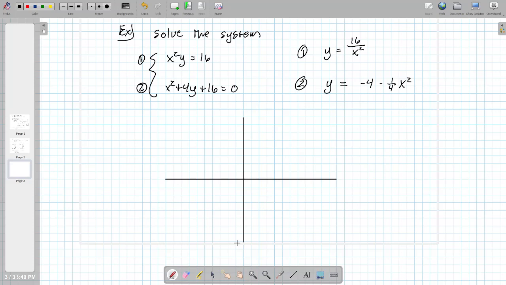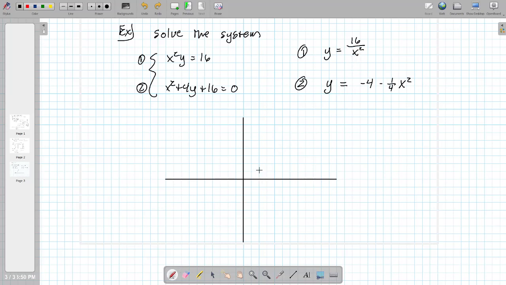y equals 16 divided by x squared has the form of something that looks like this. I'm going to graph it for real in a second, but I just want you to remember sort of what it looks like. I have a curve like this and like this. We need to make sure that we get it correct. So if we plug in 1 for x, we would have 16 for y. So that would be way up here. Let's plug in 2 for x instead.